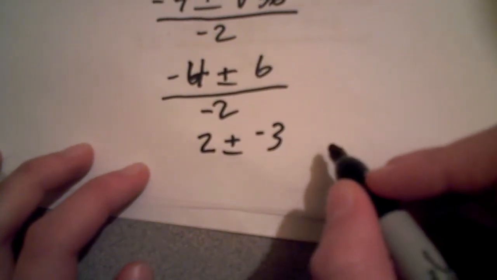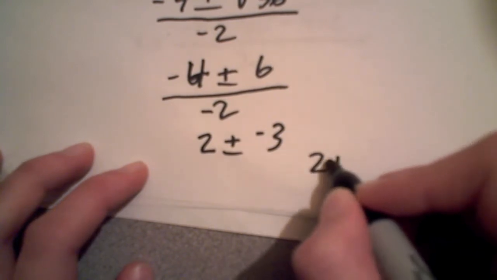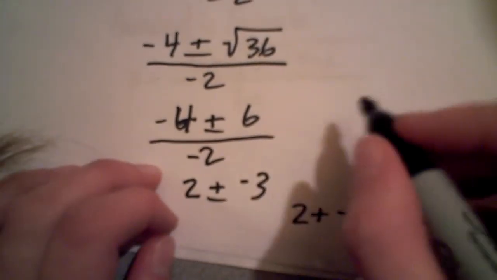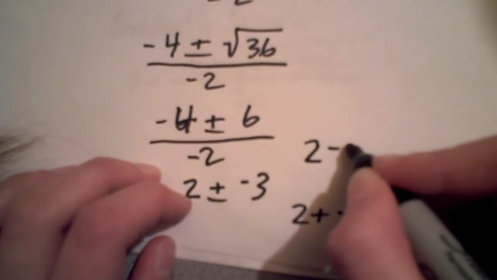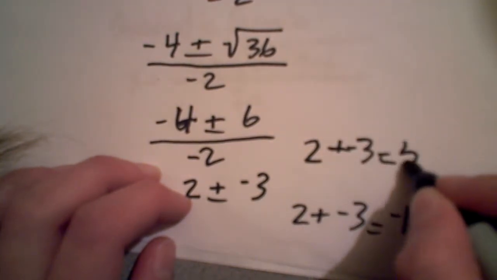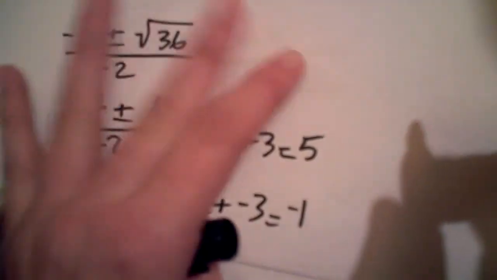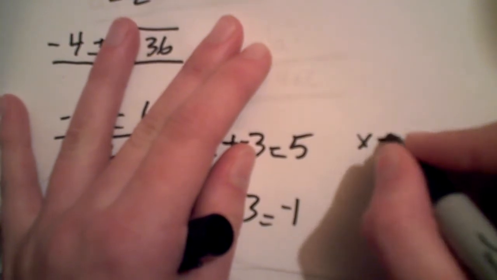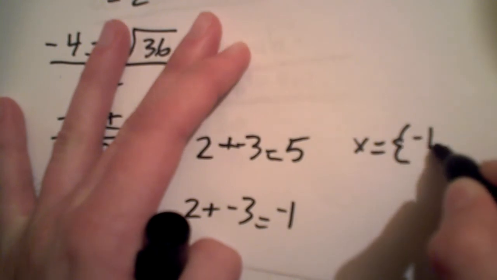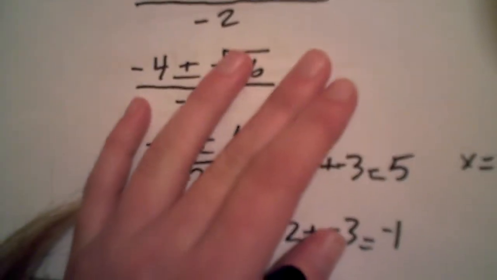So we can have either 2 plus negative 3, which is negative 1, or 2 minus negative 3, which is the same as plus, which would be 5. So our solution set would be x equals negative 1, 5. Both are solutions to this quadratic equation.